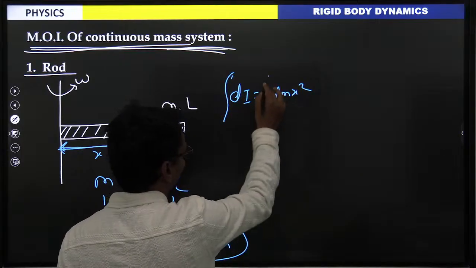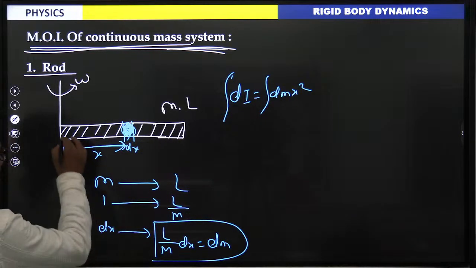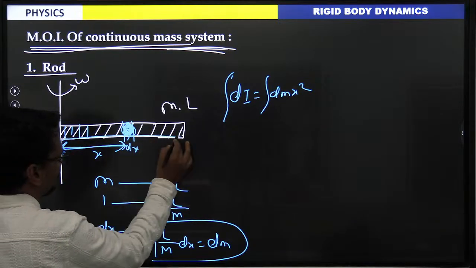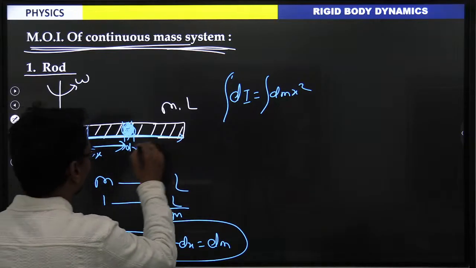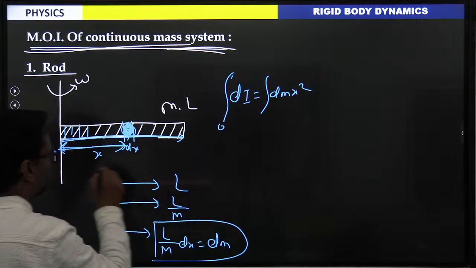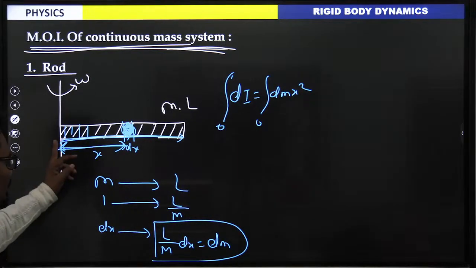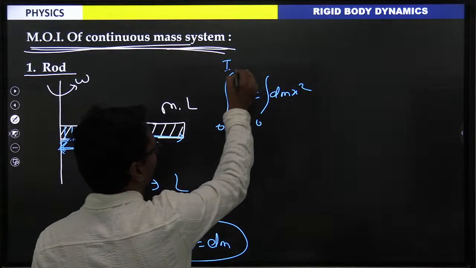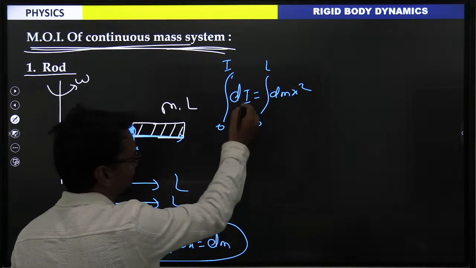Now you can look here, if the cutting starts from here to here, then dx goes from here to here, and the moment of inertia at this point will be 0, and the cut length at this point is 0. After we go from here to here, the length is L and the moment of inertia becomes I. I think this is clear to all of you.